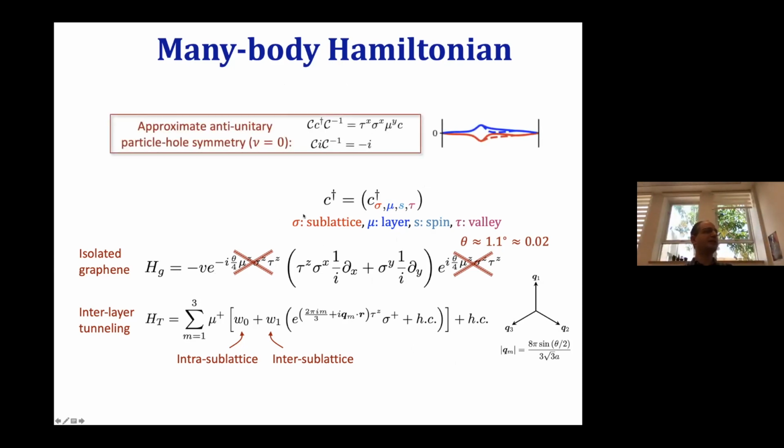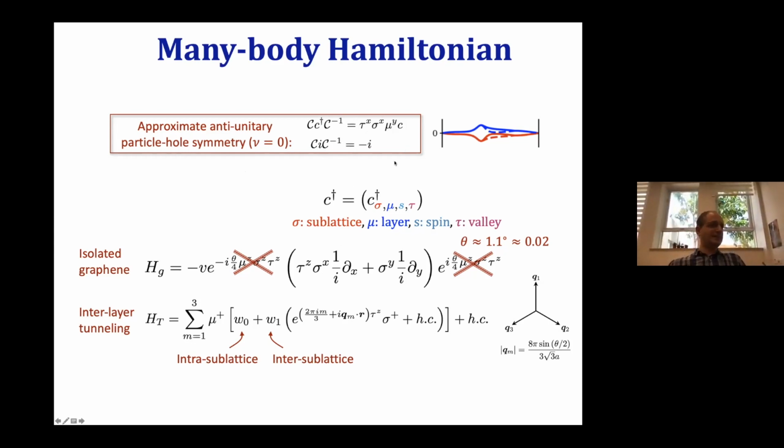I won't show this in detail, but the statement is this: the full Hamiltonian, including the interaction, once you do the small angle approximation and neglect the angle theta, has an approximate anti-unitary particle-hole symmetry, which transforms C dagger into C, flipping the valley, the sublattice, and the layer. So it's a quite complex operator, but this is the thing that works.